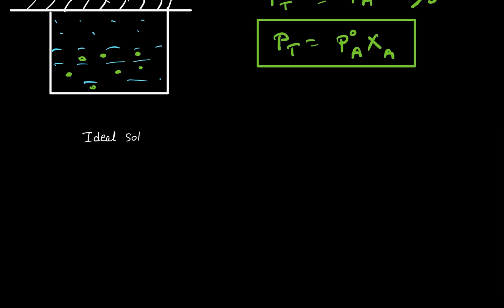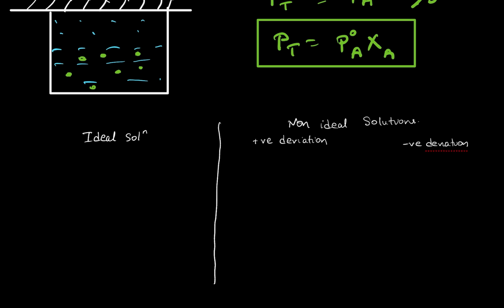We have ideal solutions, and in non-ideal solutions we have positive deviation and negative deviation from Raoult's law. Basically, we'll represent this in the form of a small graph.